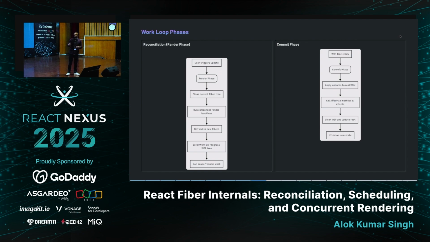So it clears the work in progress tree from memory. At the same time, it updates the root. That is where the changes happen. So now at the end, the UI shows the new state. Now this commit phase is non-interruptible in nature. Once React starts this commit phase, it can't stop it.